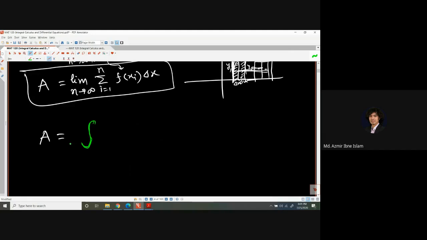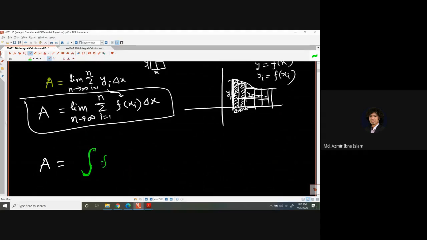Okay, it is just like a long S. So it is called the integral sign, and the function is f of x. Instead of delta x, we are writing dx from the starting part to the ending part. Let's say the starting part is a. I am defining it as x equal to a, and the ending part is x equal to b.